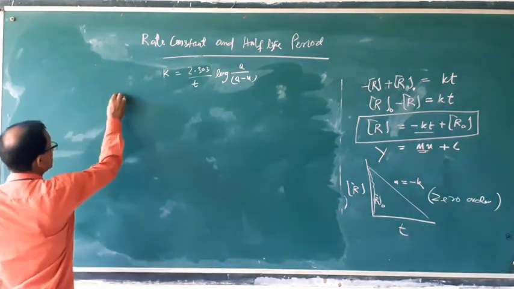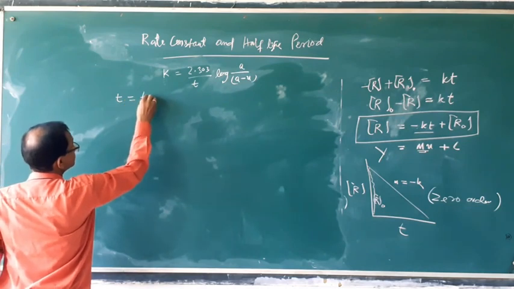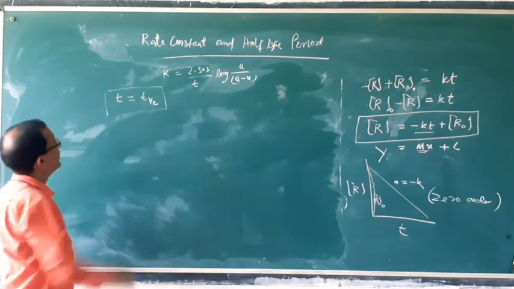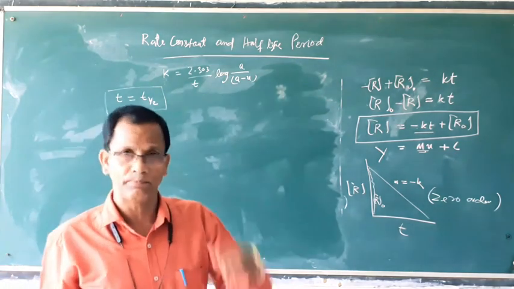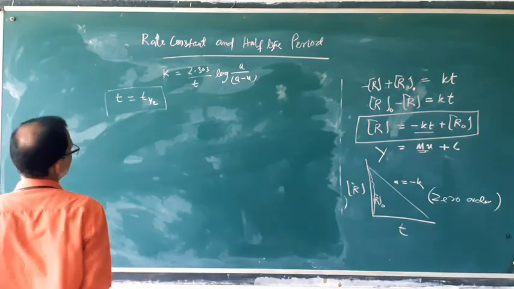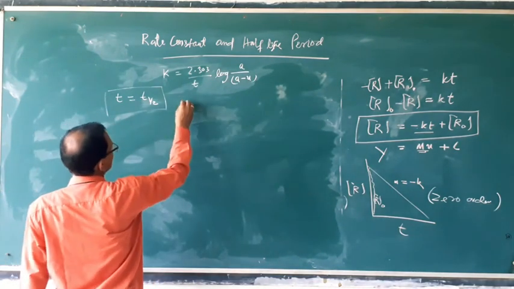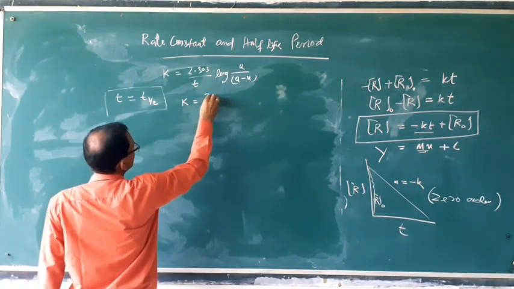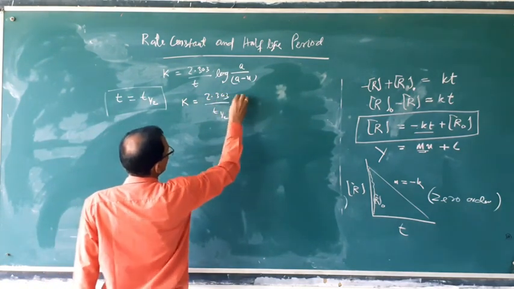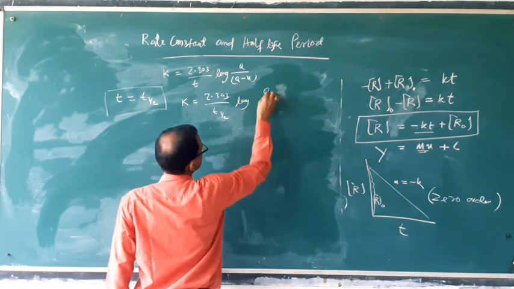When t is equal to t half, already I discussed this one. When the half-life period is taken, then you put the value, then k will be 2.303 by t half log a, where a is the initial mass.